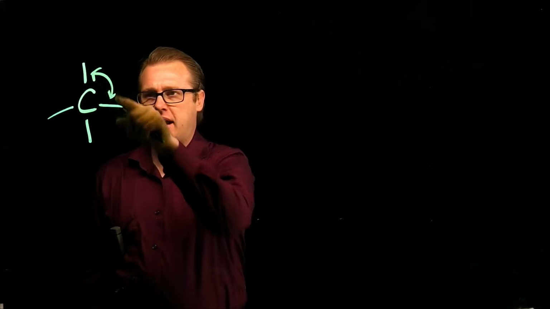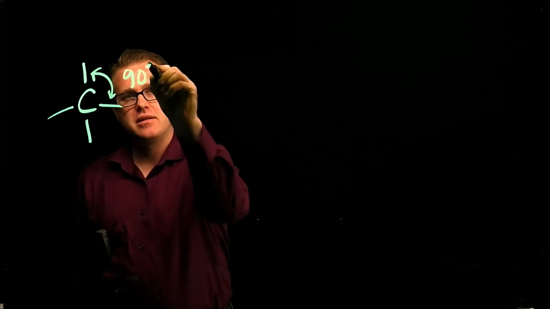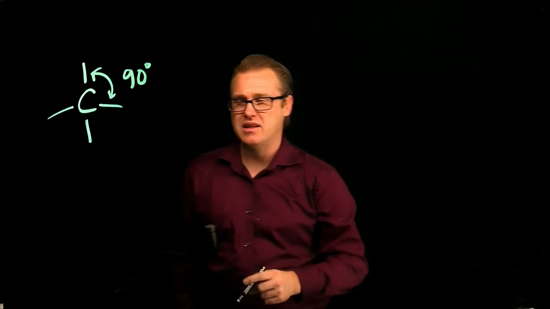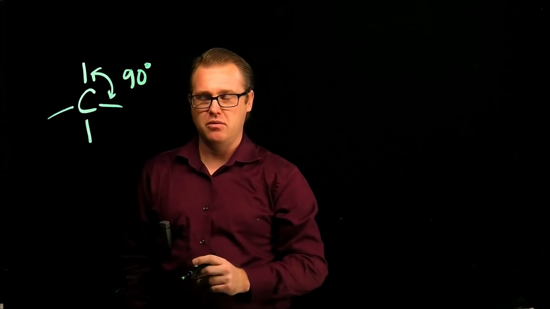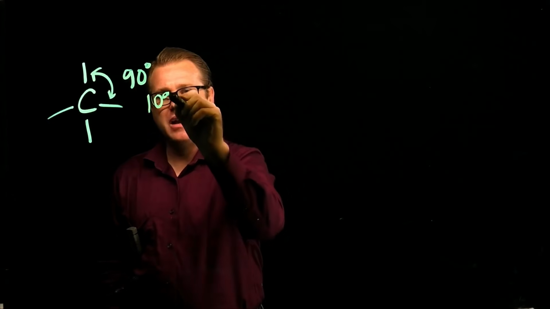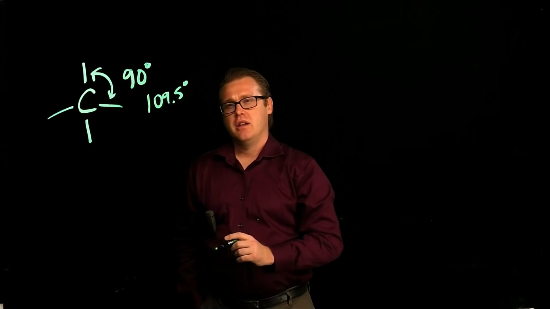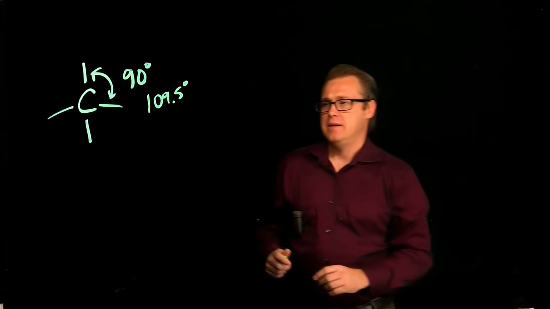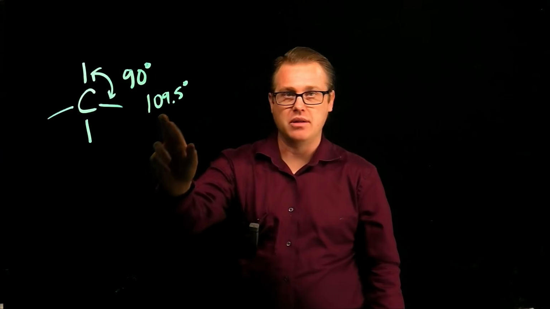What is the bond angle the way I drew it? That is 90 degrees. But a tetrahedral molecule does not have bonds that are 90 degrees from one another. It's 109.5 degrees. And so what we have to do here is represent that actual angle.